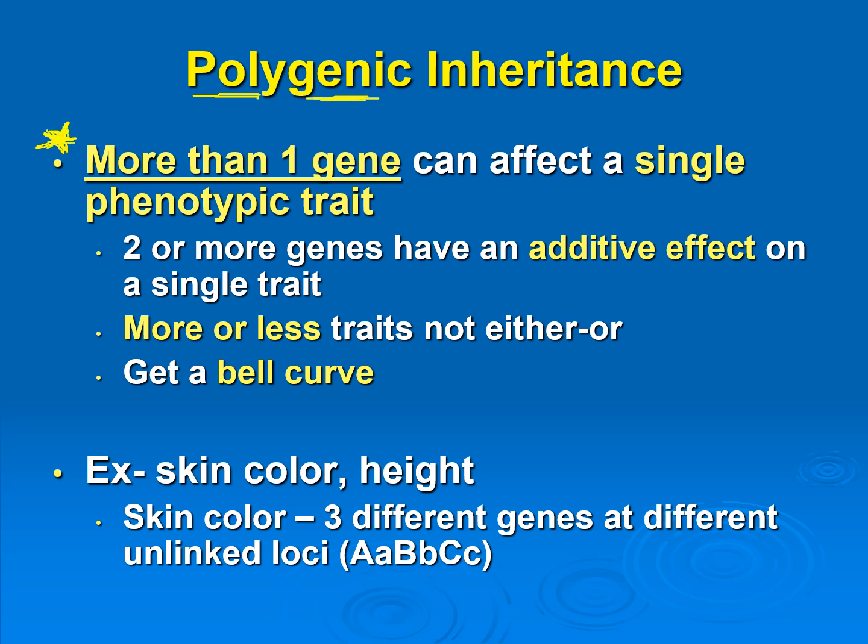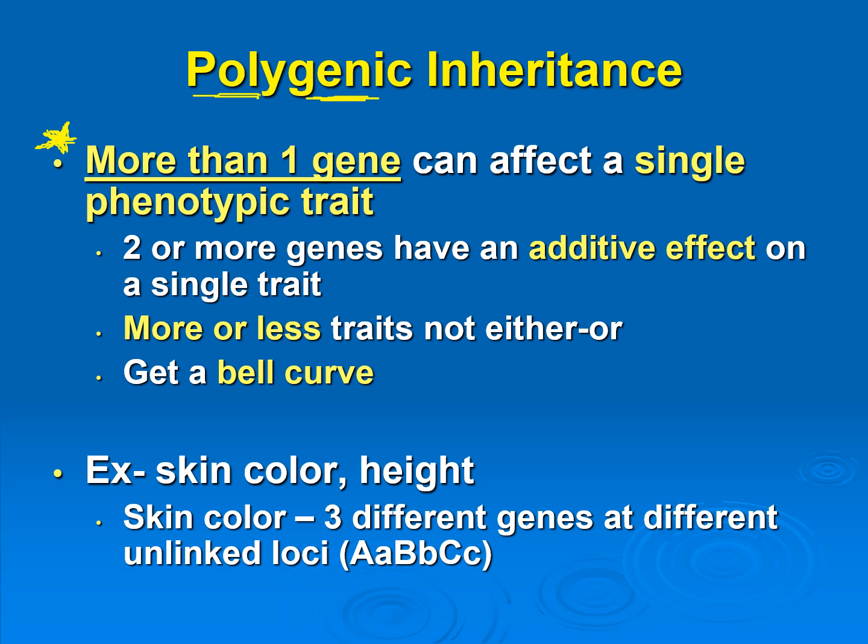Okay, so for example, if we look at skin color or height. Okay, so for example with skin color, there's actually 60 different genes that affect your one single trait, your skin color. Okay, and we end up with what we call these more or less traits.